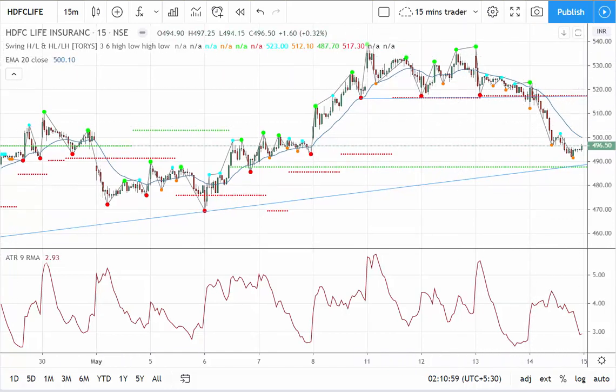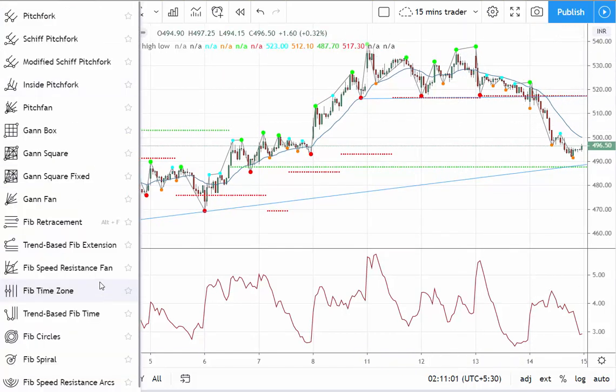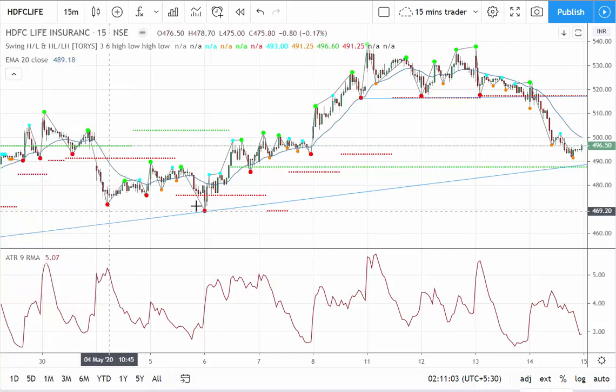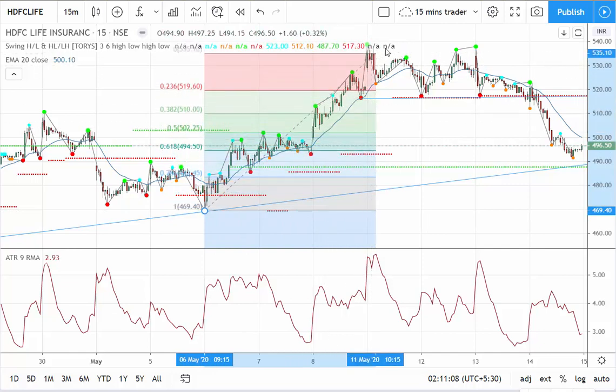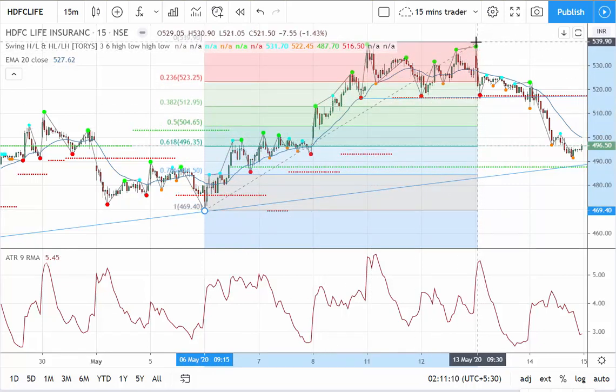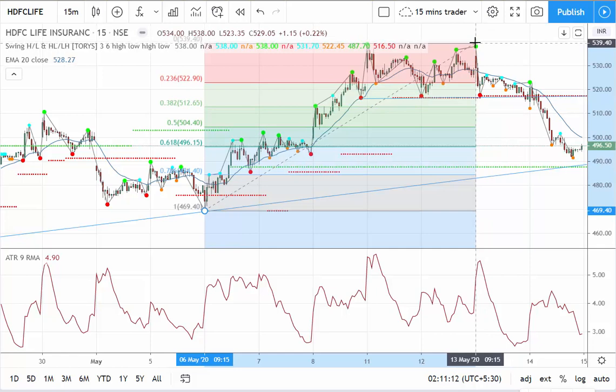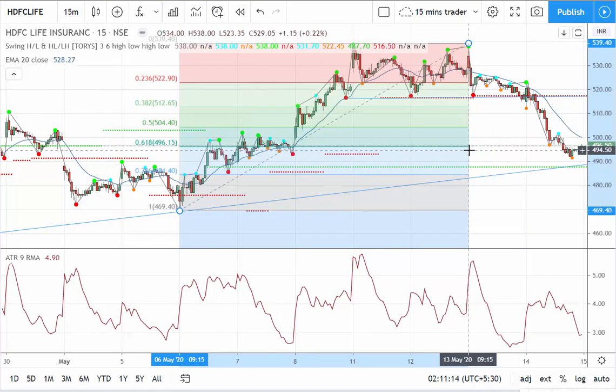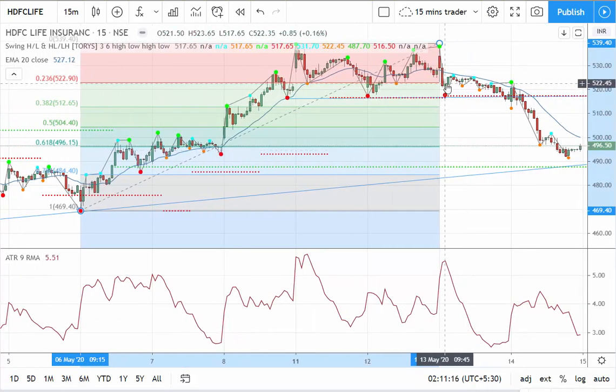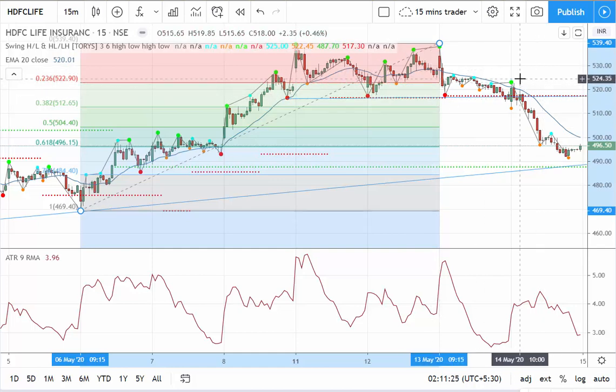So what you need to do is click tools, use Fibonacci retracement, click this point on the highs like 540. You can see 522, there would be some resistance. That is the resistance that had happened.